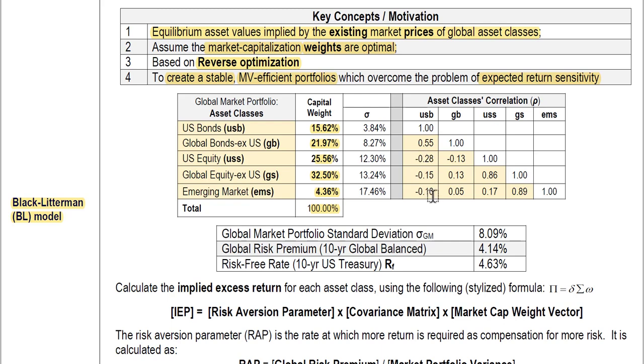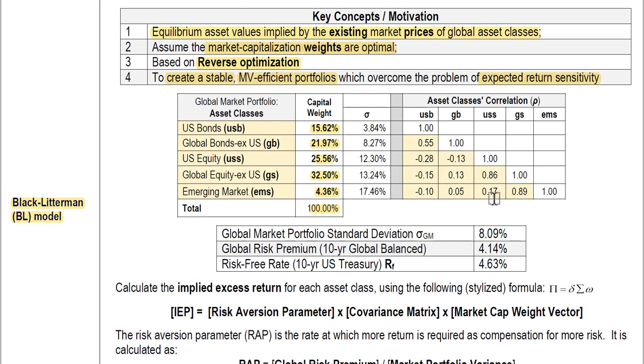But this is for global classes, and you see again that a negative correlation appears between the U.S. bond versus the U.S. equity, global equity, and emerging market. So this correlation matrix plays a very important role here.